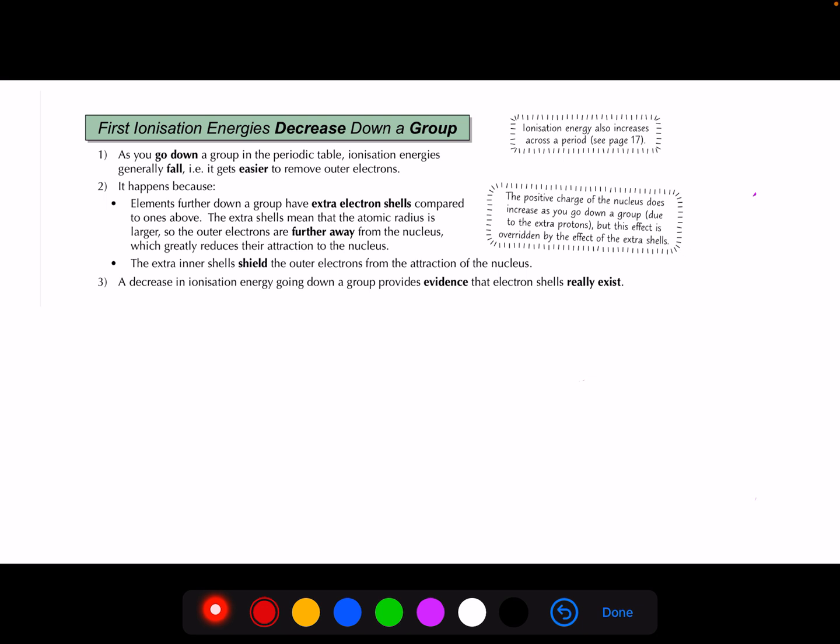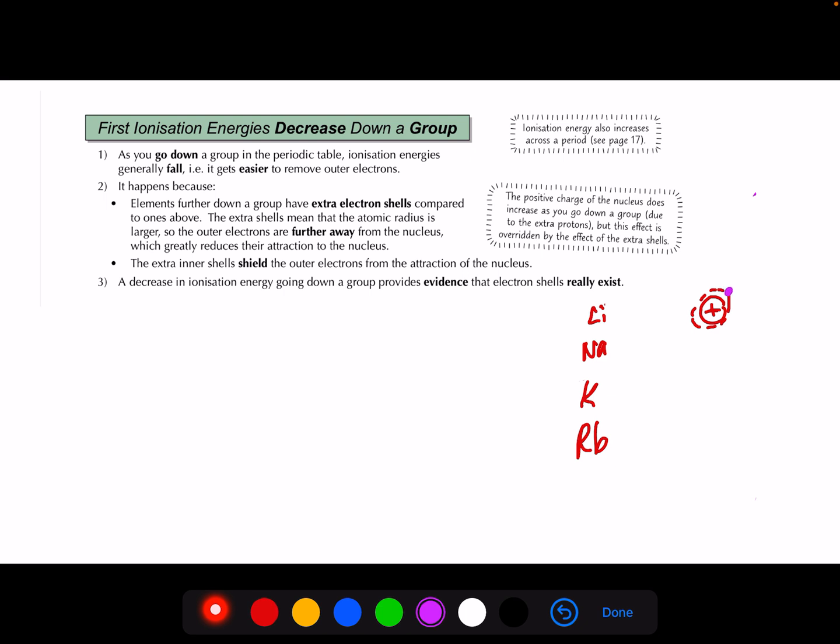I'm just going to draw a simple drawing which will make your life so much easier. So I have lithium, group 1, sodium, potassium, and rubidium. That's the nucleus, and then the electron in the outer shell.